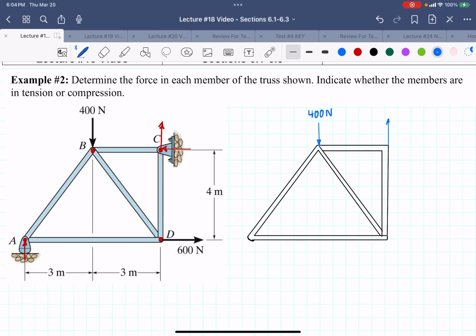You can assume it to be positive or negative, that's up to you. I'm going to assume positive. I'm also going to assume the X component, because it is a smooth pin joint. And then I have a 600 Newton force down here at the bottom right.